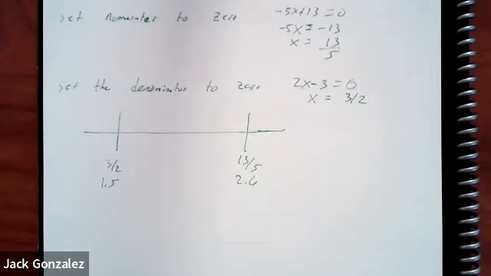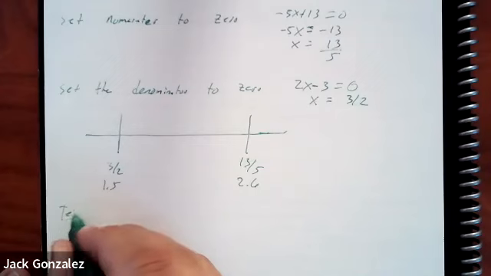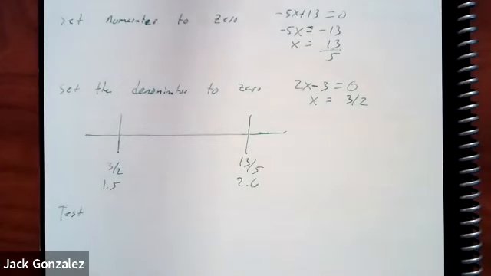I'll put the decimal just so you can see it better. What do we test above 13/5? You could choose all kinds of stuff, as long as it's bigger than 2.6, we're good.